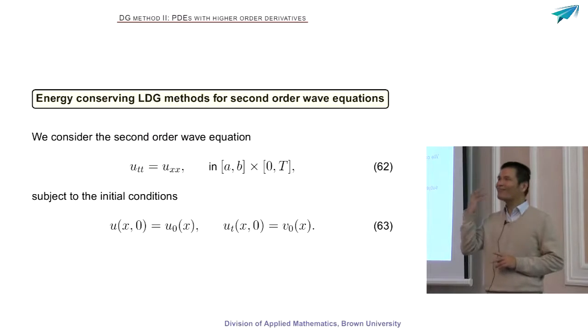So I was always thinking that hyperbolic conservation laws cannot be exactly energy conserved, which is true, because the exact entropy solution dissipates energy. The L2 norm is not conserved for nonlinear hyperbolic conservation laws if your exact solution has shocks. Shocks dissipate energy.